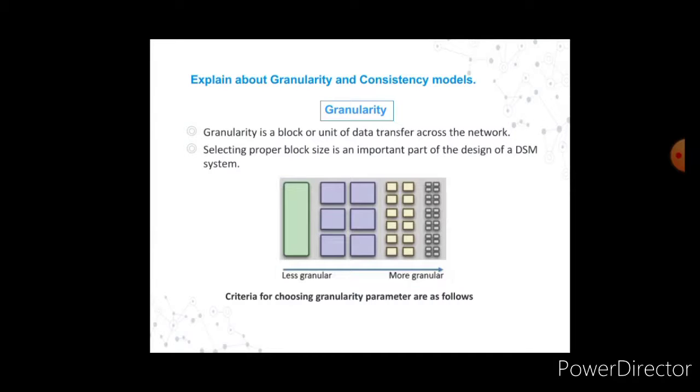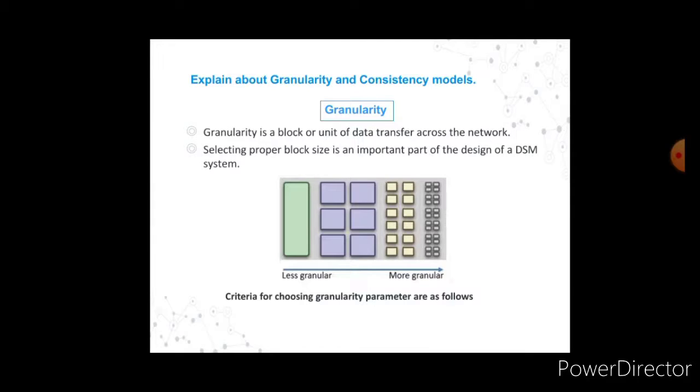Selecting the proper block size is an important part of the design of a DSM system. It is the unit of sharing and the unit of data transfer across the network when a network block fault occurs. The possible unit is a few words, a page, or a few pages. That is granularity.